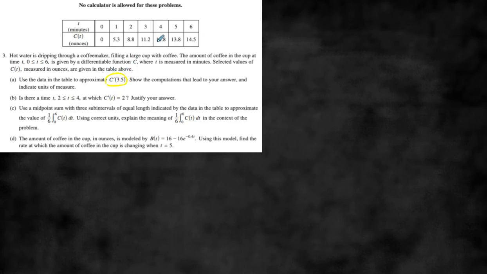If we look back at the table itself, we've got C and time values at every integer. To approximate 3.5, which is right between 3 and 4, we're just going to work with those two values. So C prime of 3.5, this is part A, can be approximated as the average slope from 3 to 4.